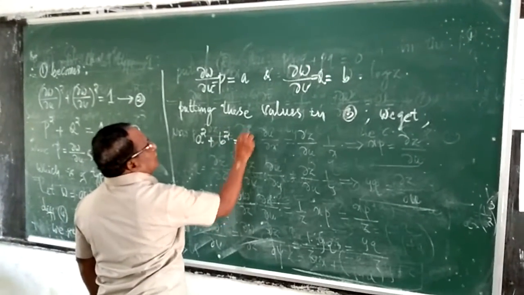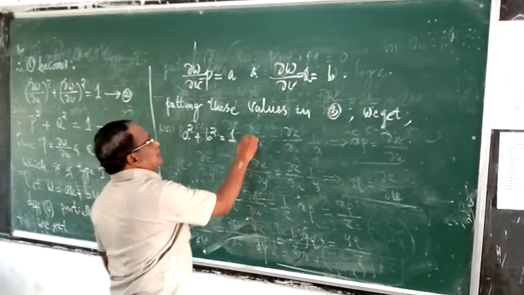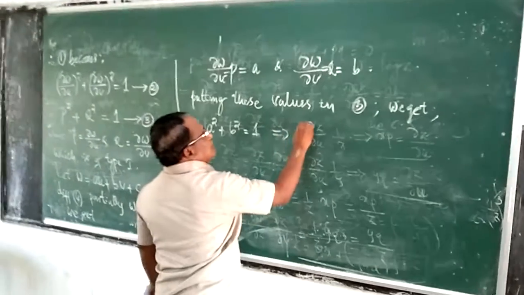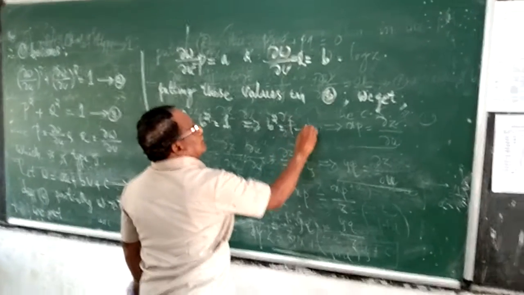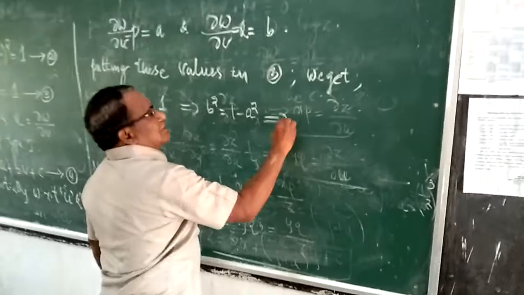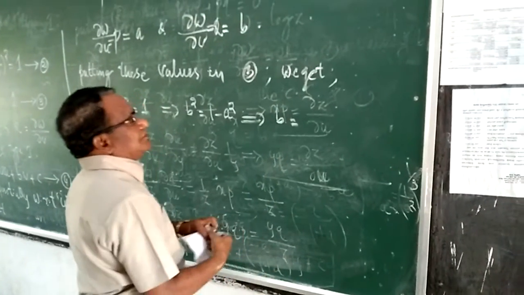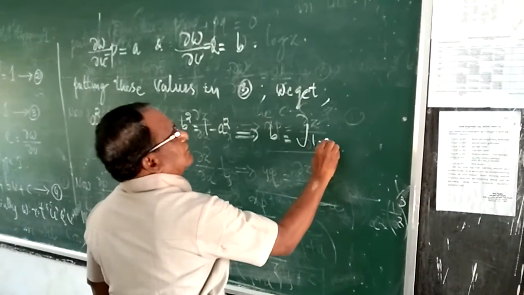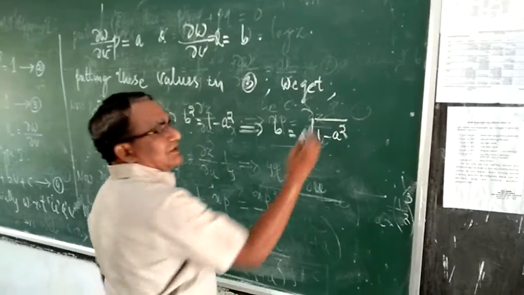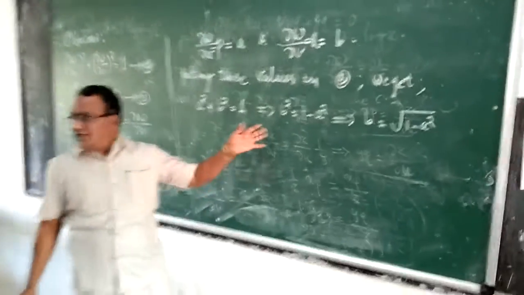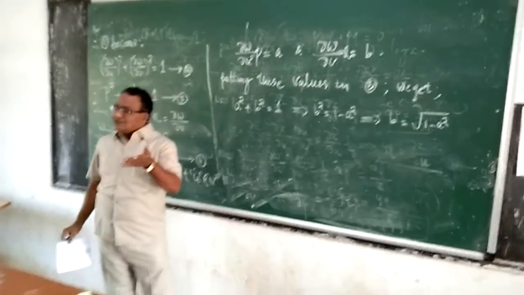This implies that b squared is equal to 1 minus a squared. This implies that b is equal to square root of 1 minus a squared. See, instead of small a and small b, one can use capital A and capital B also here.